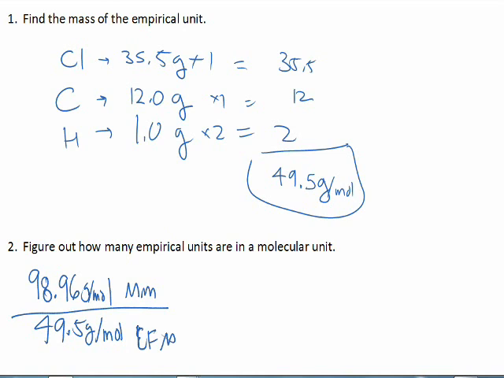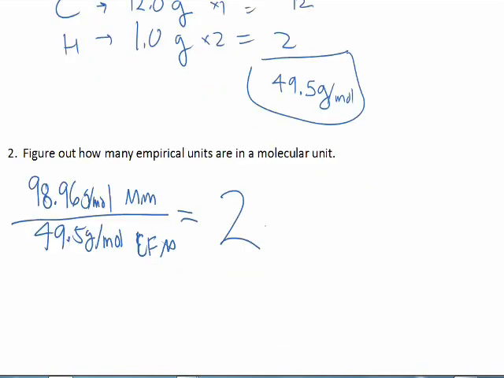So EFM is empirical formula mass. We divide that out and we get a ratio, and that comes out to be basically 2, 1.999. So that is the ratio of molecular mass to the empirical formula mass. And that goes to the next step.